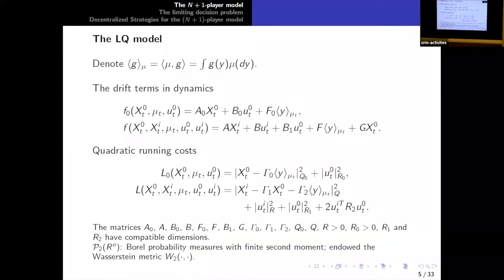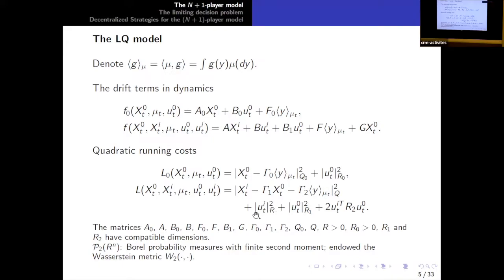And for the quadratic cost, you can see some kind of tracking. For example, here we have the major player. We have the first penalty term: the difference between its own state and the other term, a linear function of the first moment of the mean field. Also we have the penalty on the control energy.